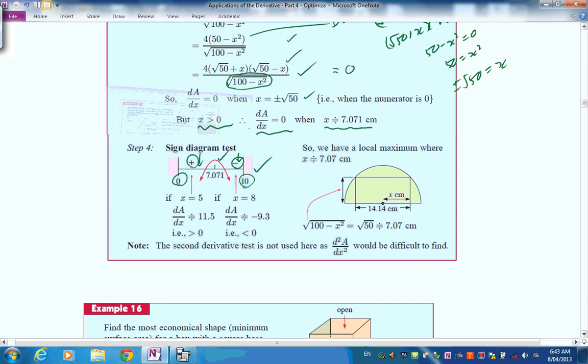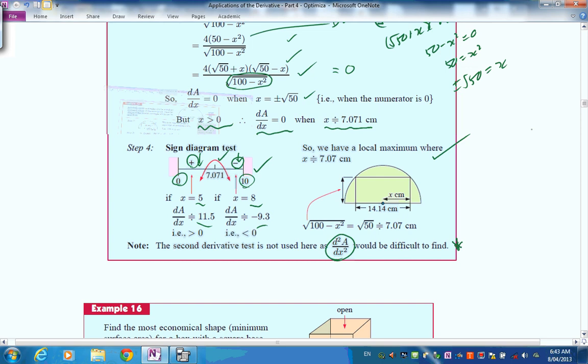So you can say what the picture is looking like there, have a local maximum, your conclusion here, and then you might, they haven't done the second derivative test here, they made the comment that this is hard to find, very big expression we had, so generally would avoid that method then. They've subbed in 5 and 8 and just explaining these values.